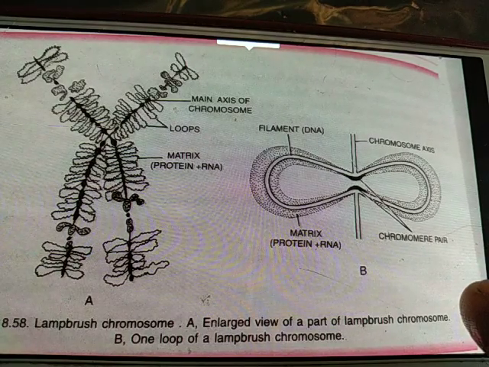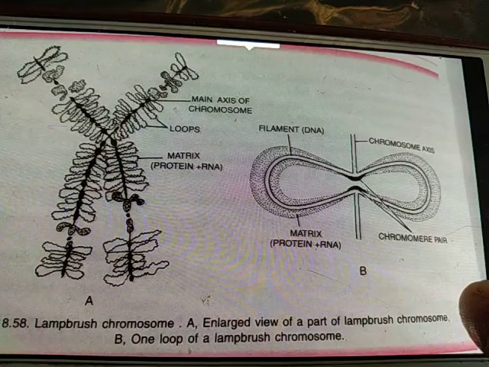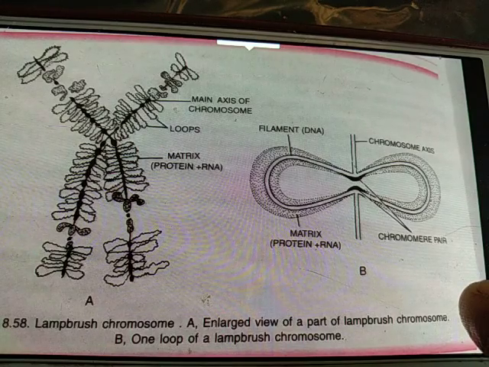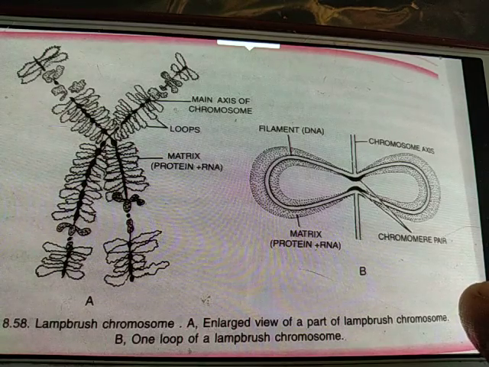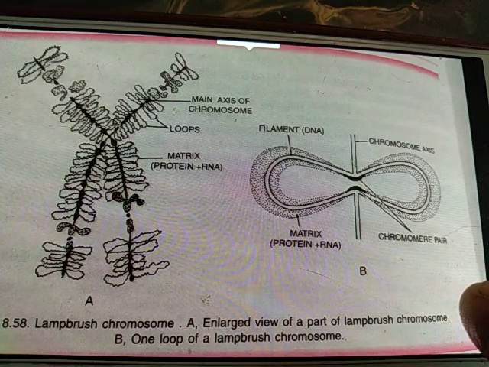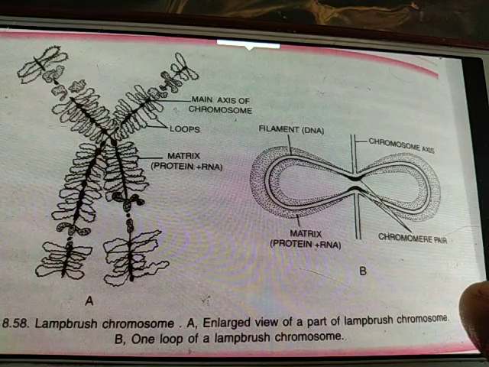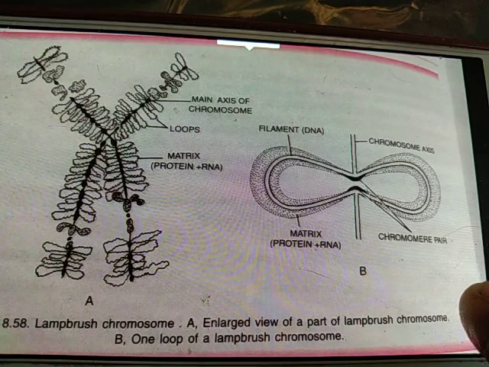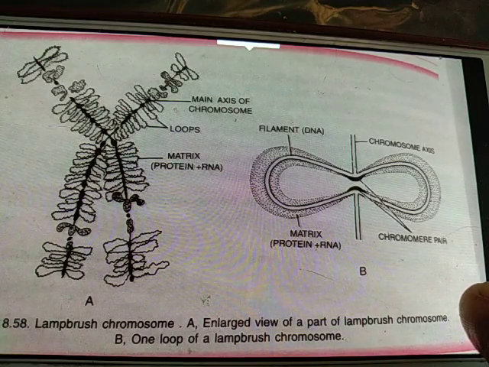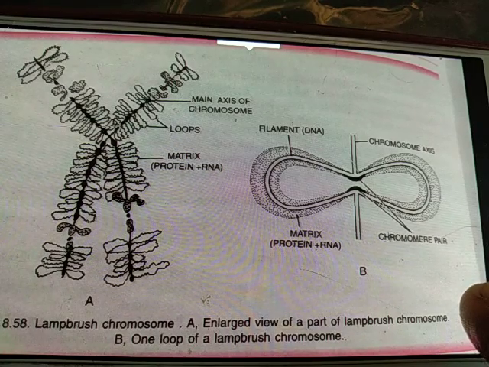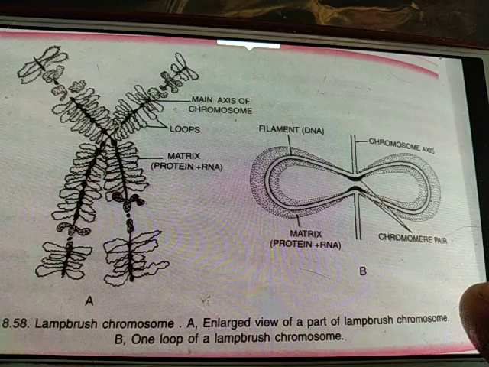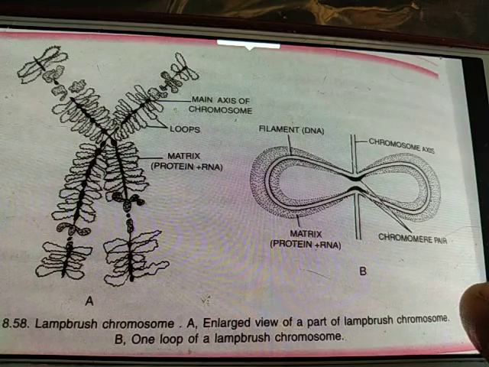They were first seen by Flemming but were described by Rückert in 1892. Lampbrush chromosomes occur in the diplotene stage of most animal oocytes, spermatocytes of many, and even the giant nucleus of the unicellular alga Acetabularia.